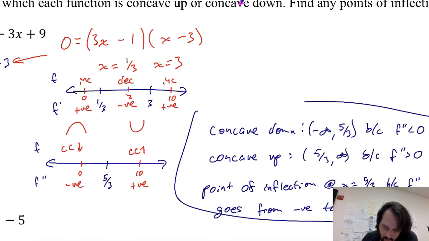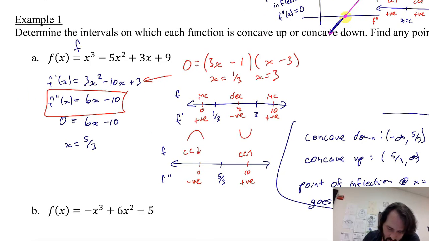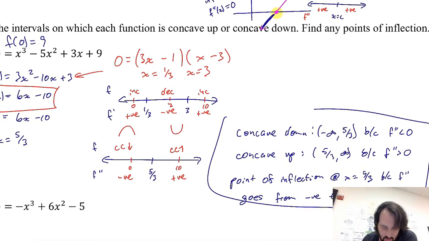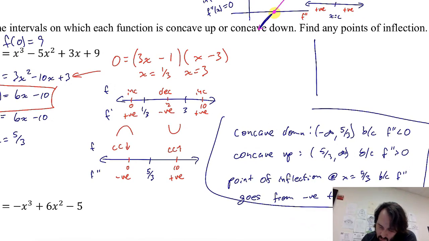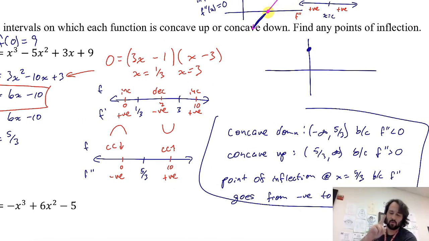All right, so now using these facts that I have, I can come up with a pretty good graph of what this would look like without really knowing what it would look like. Right? I'm also given the fact that f of 0 is 9, just using my y-intercepts. I don't know my x-intercepts. I'm not too concerned about bothering to find that right now. But let's see. At f of 0 is 9, so I'm somewhere up here. At 1/3, right, I'm going increasing to decreasing, so I should have a maximum at 1/3.